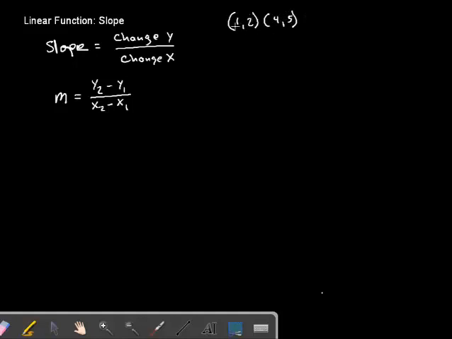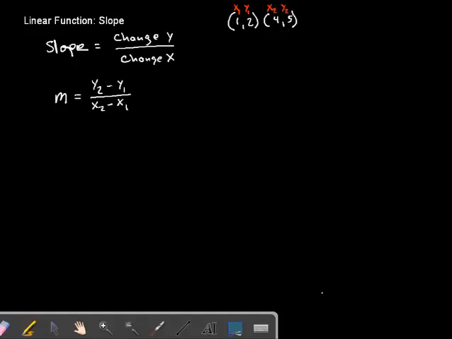And remember, for a point, the first value is always x, the second value is always y. So for the first point, this would be x1, this would be y1. And then the second point, this would be x2 and y2.